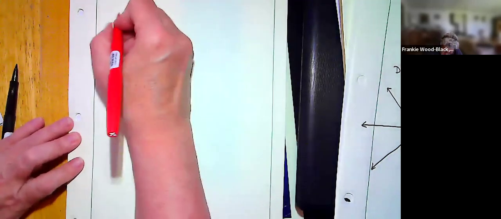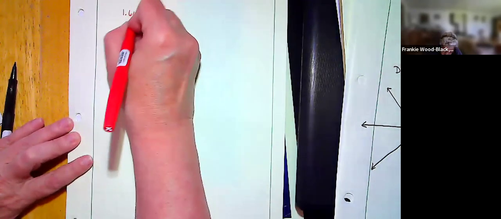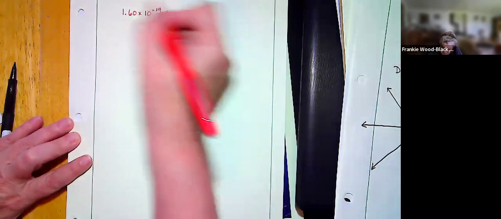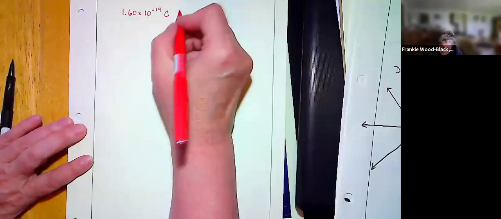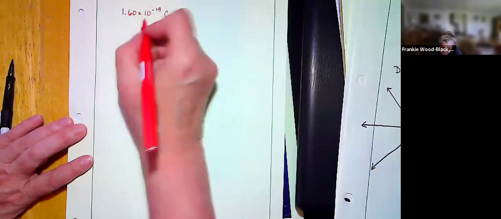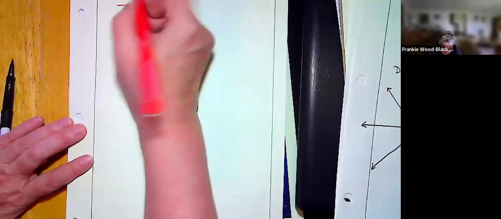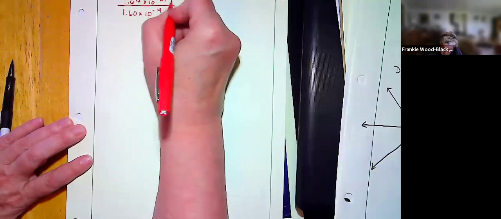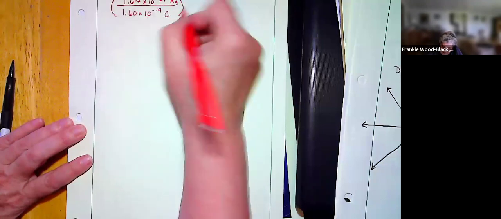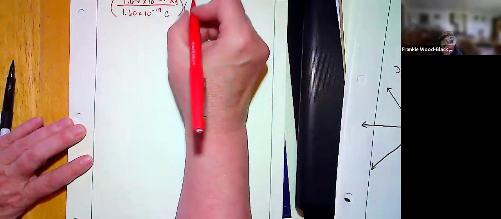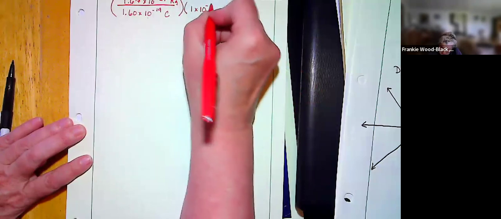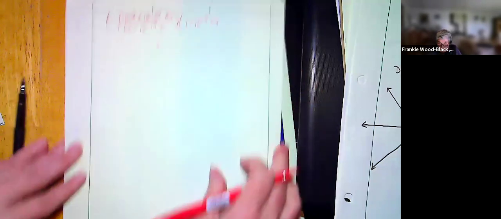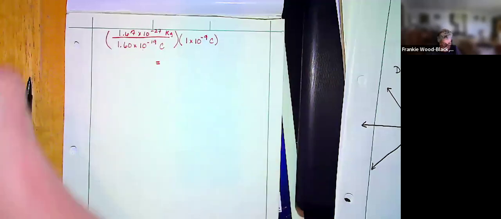So if I've got charge 1.60 times 10 to the minus 19 coulombs is 1.67 times 10 to the minus 27 kilograms. That's going to be my factor to get my mass, but I have 1 times 10 to the minus 9 coulombs. So this is going to give me my mass in kilograms.